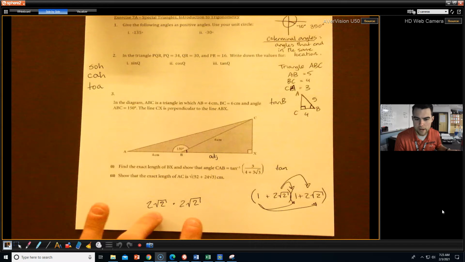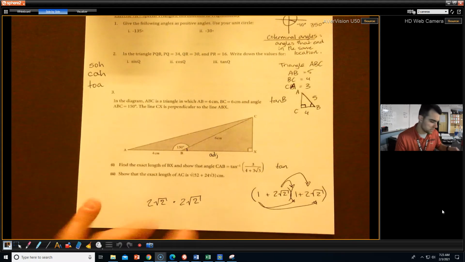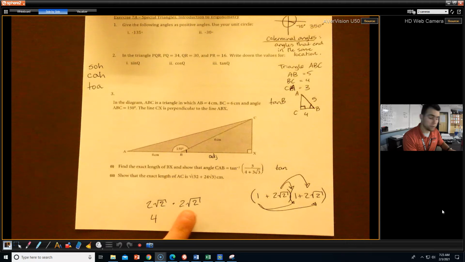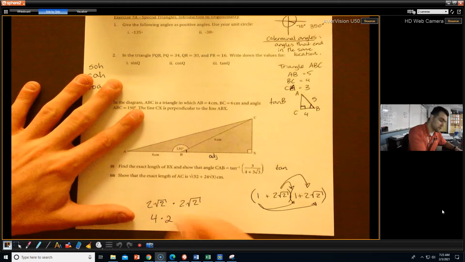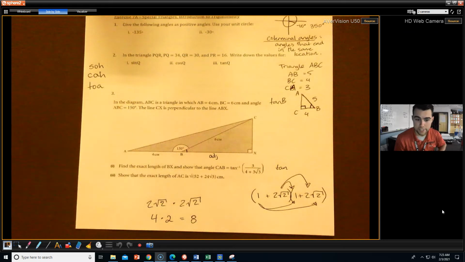I treat my radicals kind of like variables in a sense. I know they're not variables, but that's how I treat them, as separate entities, so I get 2 times 2 is 4, and then square root of 2 times square root of 2 is just going to be 2. So I'm going to get 8 when I multiply these out.